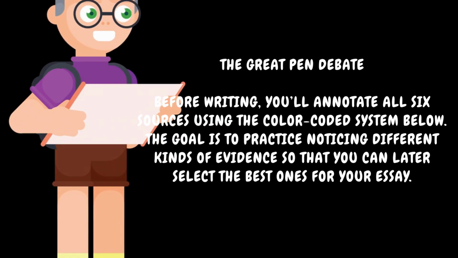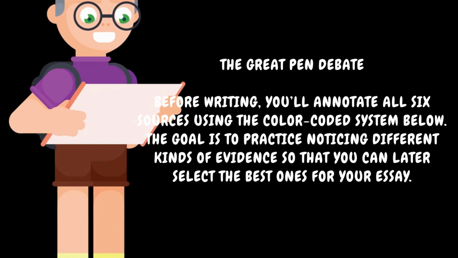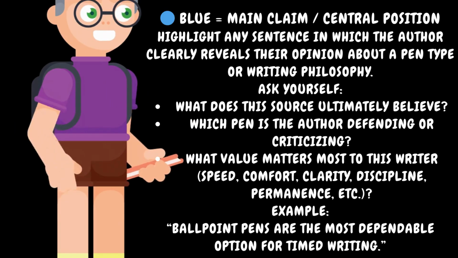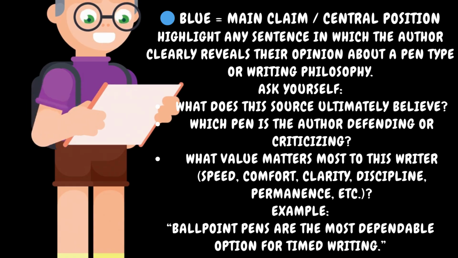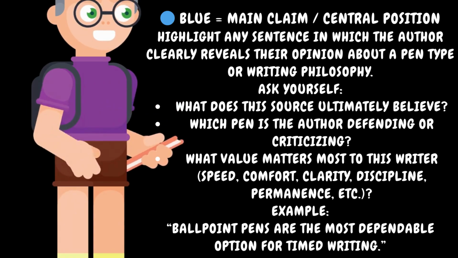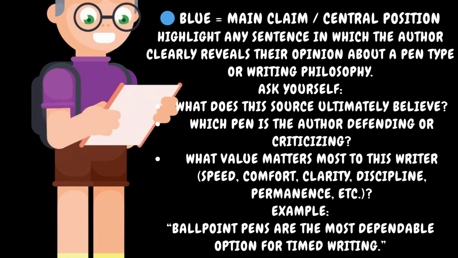I'm going to print the source packet out, and then I have a big pile of crayons in my room, and the kids are just going to grab colors that correspond to the exercise. You can see in blue, they're going to highlight main claims, the central positions, highlight any sentence in which the author clearly reveals their opinion about a pen type or writing philosophy. And then I have some guiding questions there.